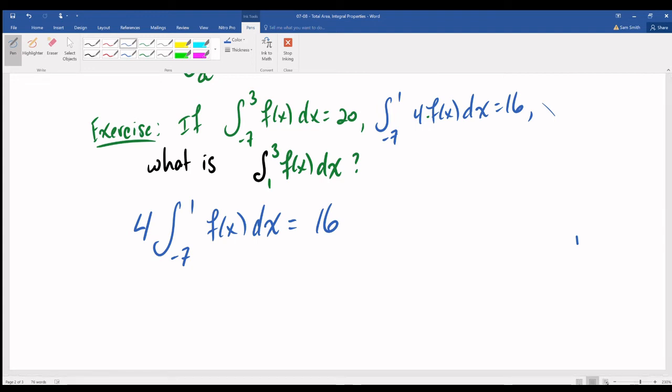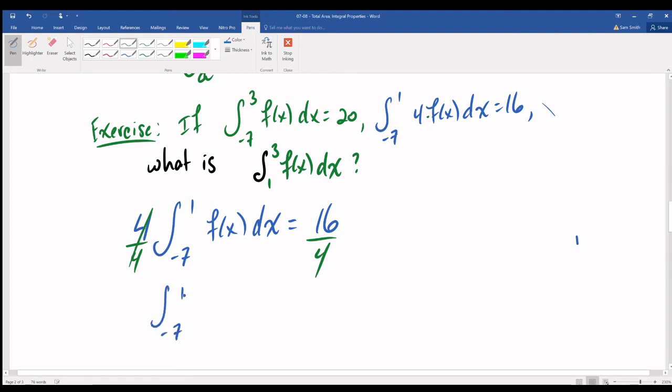This allows me to divide both sides by 4 and get a statement that's more directly talking about the original function f of x: the integral from -7 to 1 of f of x is equal to 4.